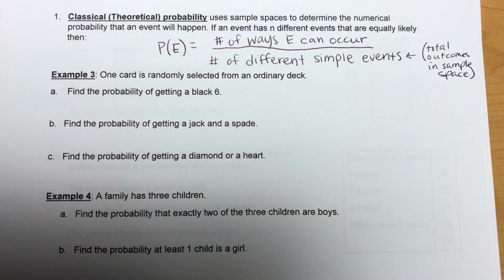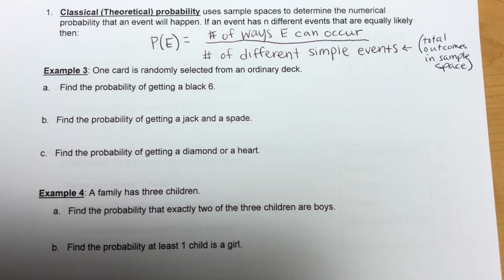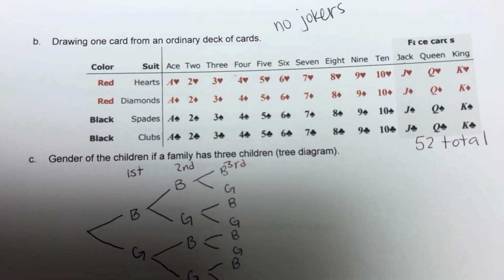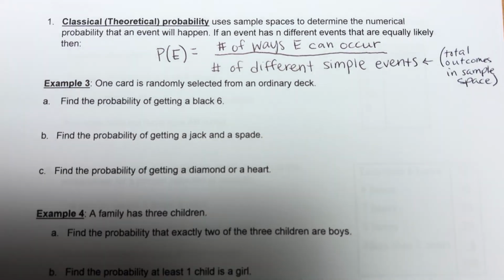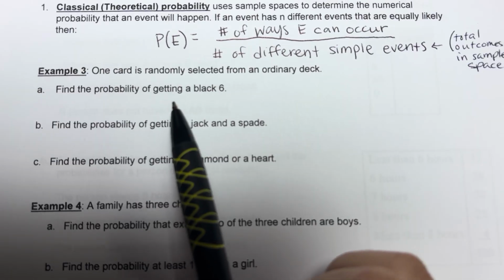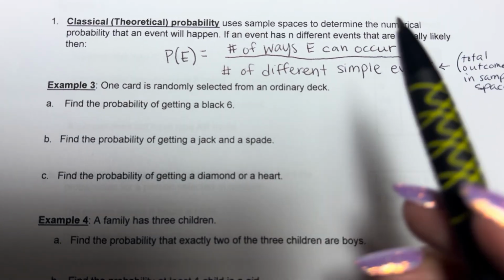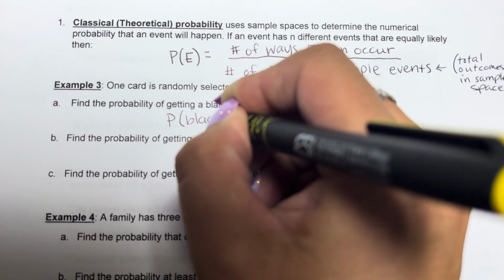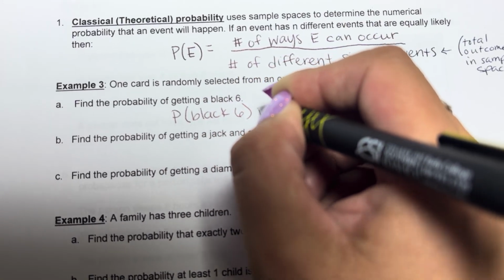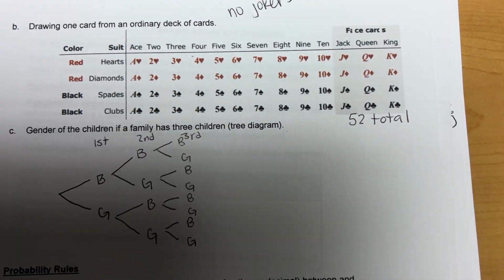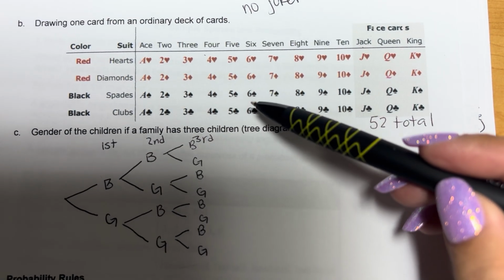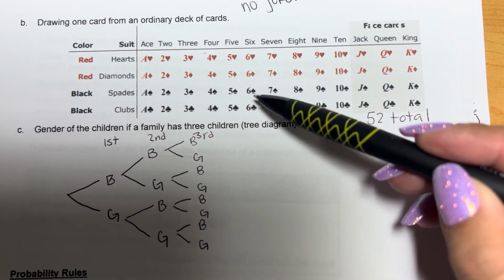Okay, so one card is randomly selected from an ordinary deck. So if you want to reference back to here, okay, that's what I'm going to look at. So it says, find the probability of getting a black 6. Okay, so probability of black 6. Okay, how many black 6s are in the sample space? We have the 6 of spades and the 6 of clubs.